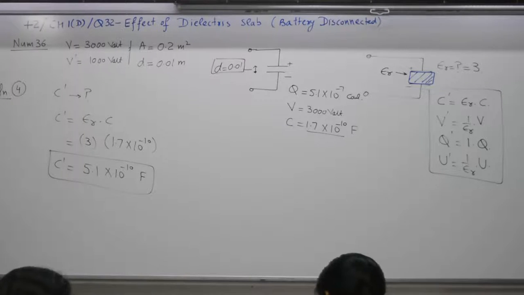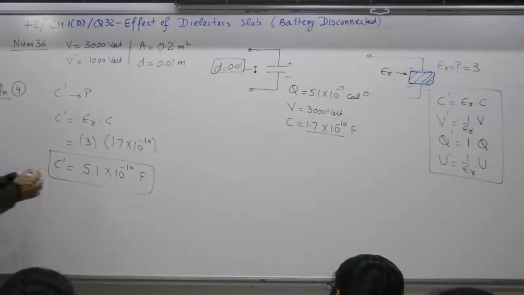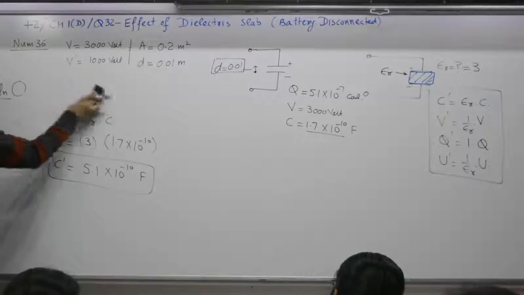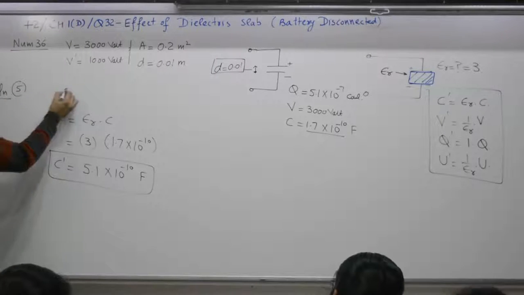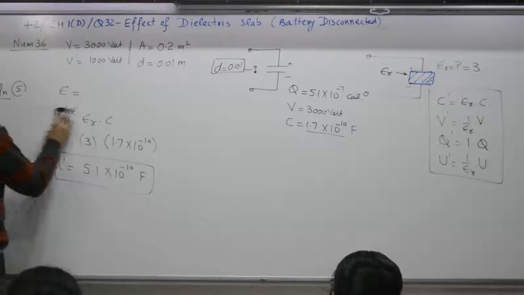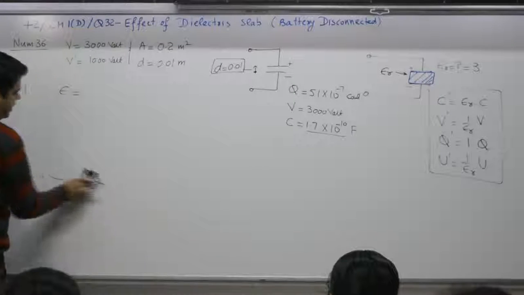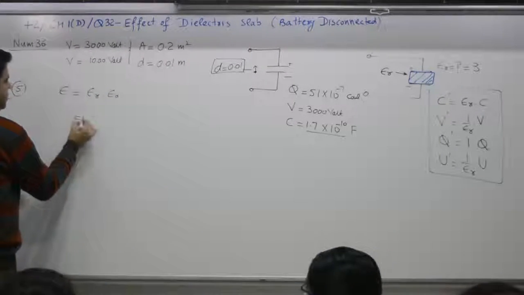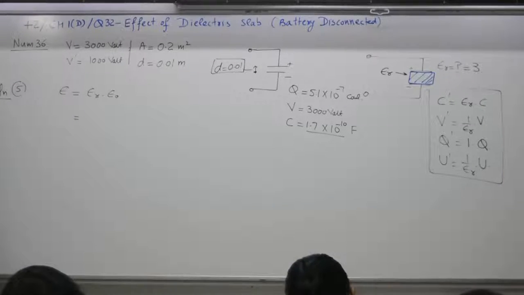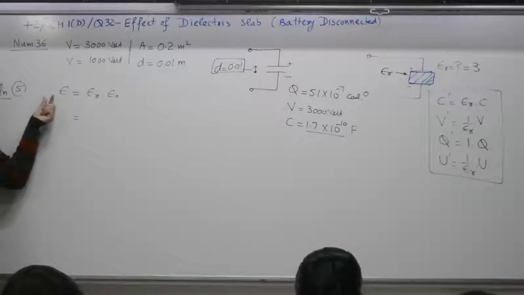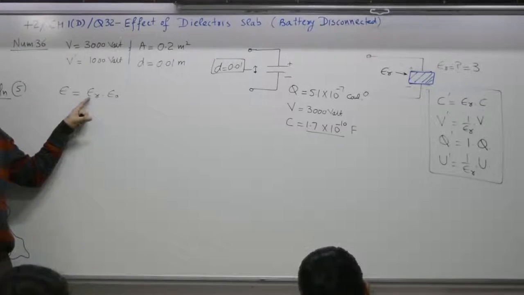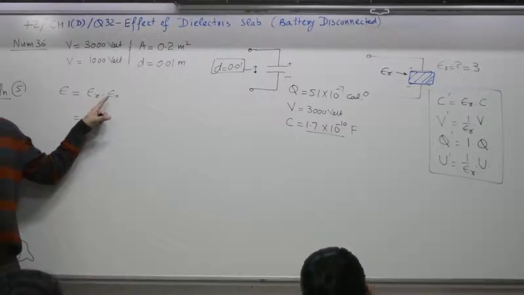Last, point number 5: absolute permittivity of the dielectric. Epsilon is equal to epsilon r into epsilon naught. Like density: the density of any material is equal to relative density into density of water.